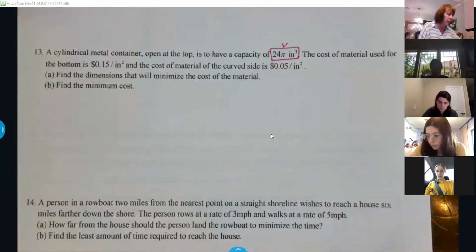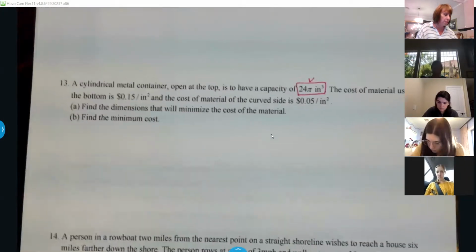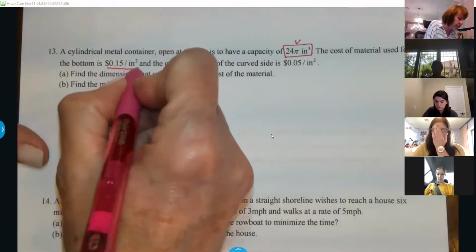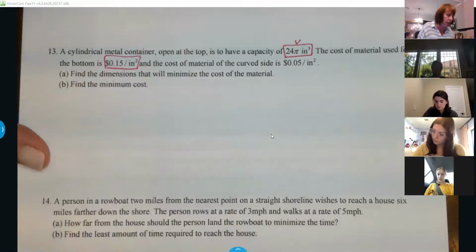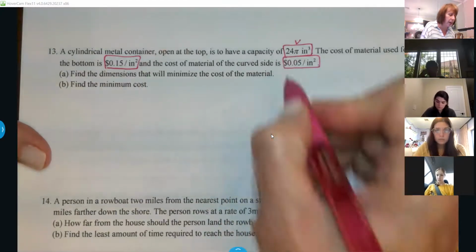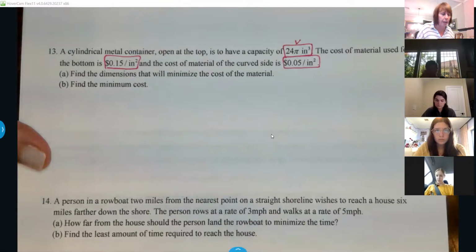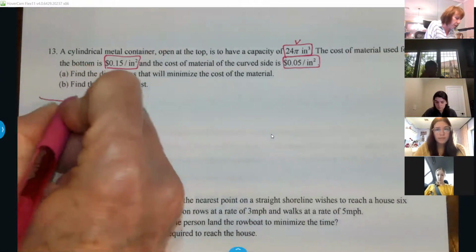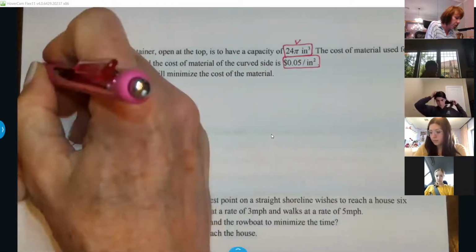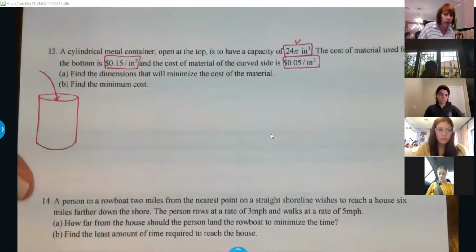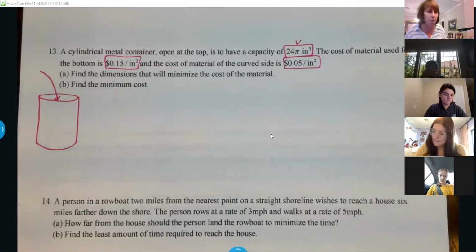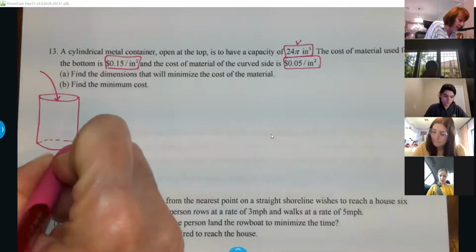The cost of material used for the bottom of the can is 15 cents per square inch, and the cost of the material of the curved side is 5 cents per square inch, okay? So we have the cylinder, and it says that it's open at the top, so we can go inside. We don't have to pay for the top, in other words.